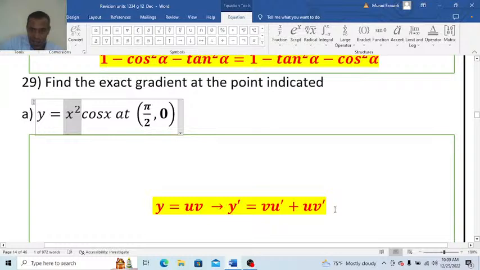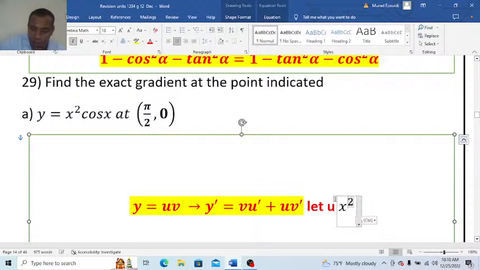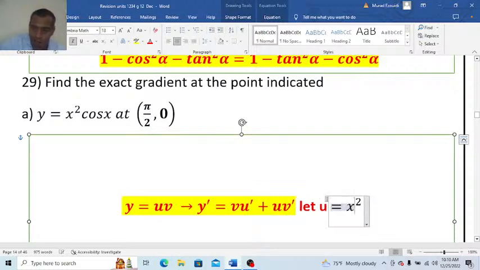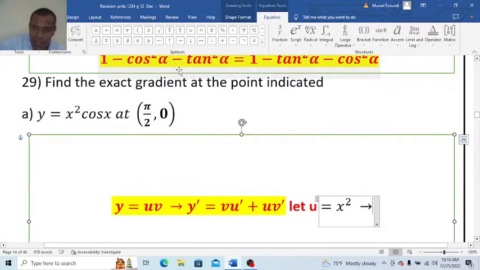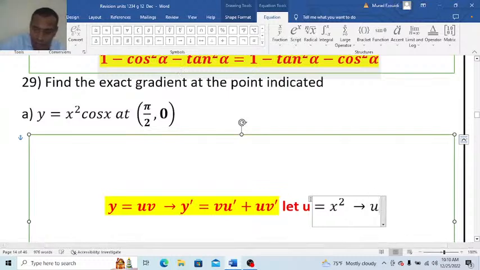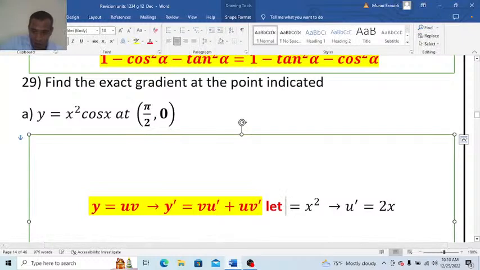Okay, I'll just write here. Now let u equal x square. Therefore u dash, now u dash is what? Is 2 times x. U dash, learners, is 2 times x. Okay, and I will suppose that this is u.